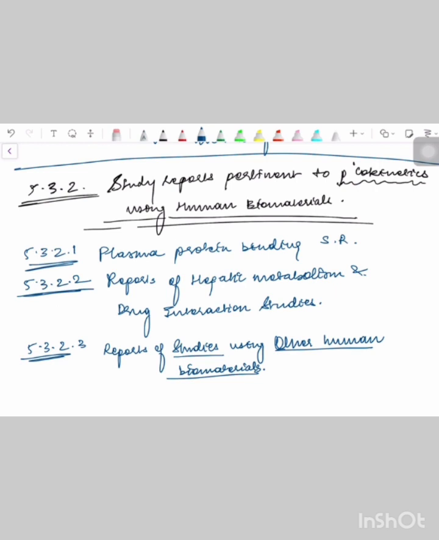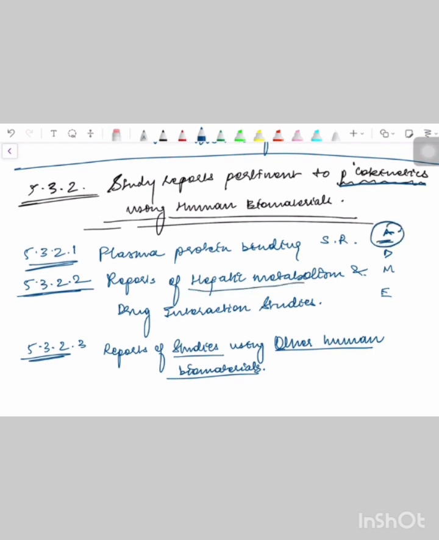So how we are going to learn this is basically बार बार repeat हो रहा है कि studies pertinent to pharmacokinetics. What is the effect of body on that particular drug? So basically we are talking about what? ADME. So plasma protein binding of the drug talks about absorption pretty much.